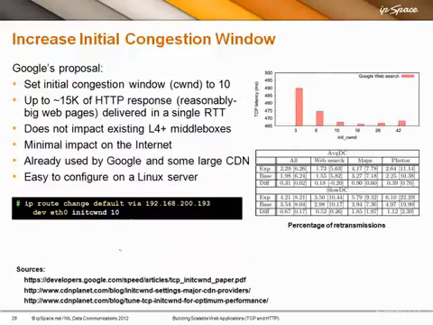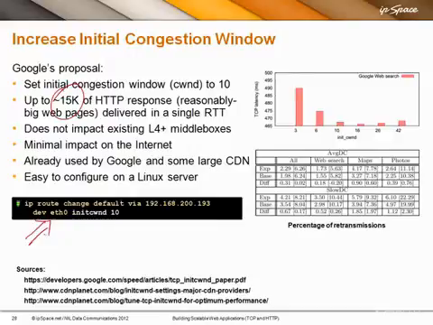The next idea that actually works is Google's proposal to increase the initial congestion window to 10, which allows you to send approximately 15K of HTTP response, which is for well-designed web applications more than enough, in a single round-trip time. It is a very simple thing that you can configure on any Linux server in a single command.